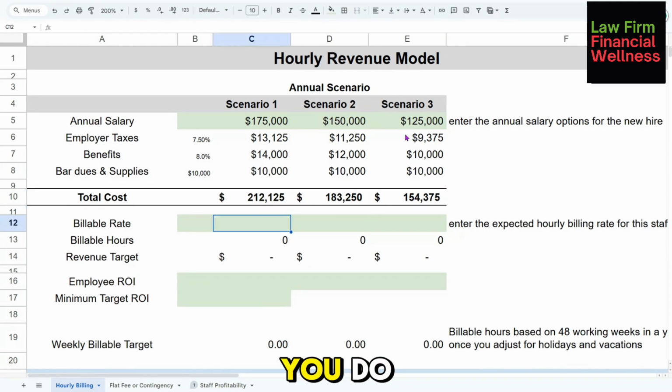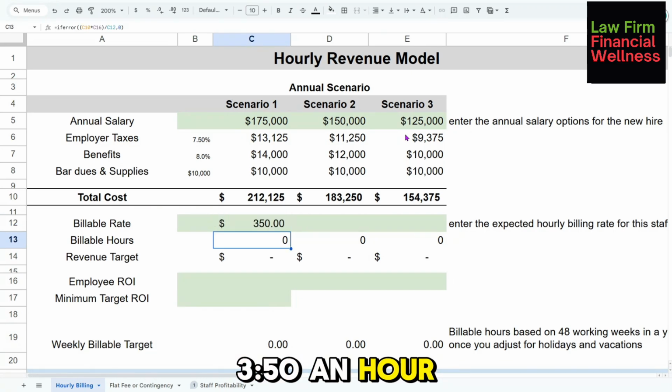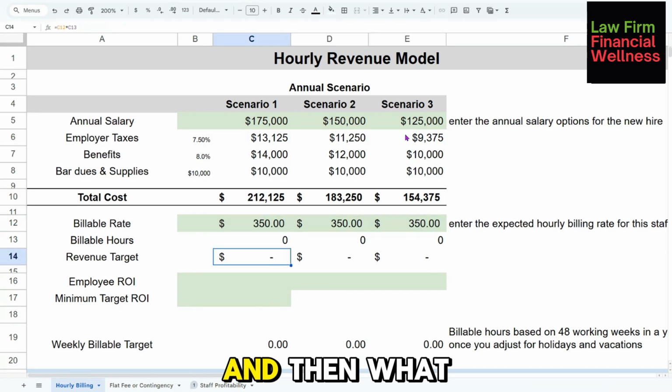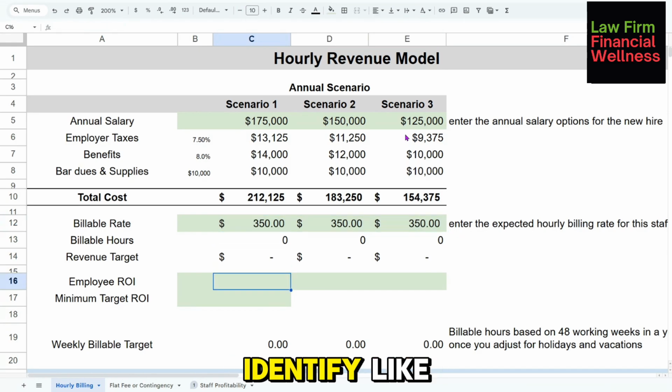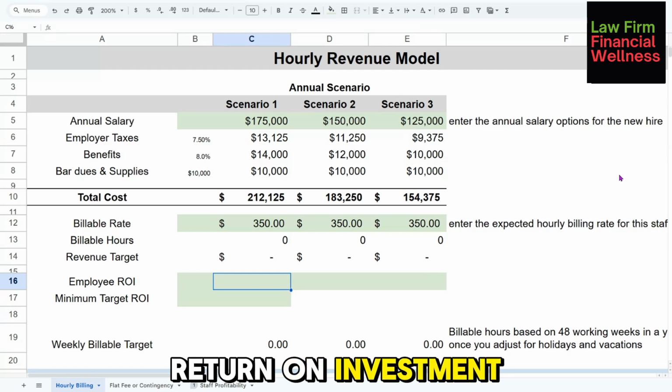The next thing you want to do, if you're doing hourly billing, is plug in the billable rate for this person. Let's say this person's billable rate is $350 an hour, so we're just going to plug in $350 an hour. Then we want to identify what we want our ROI to be. ROI is another word for return on investment.